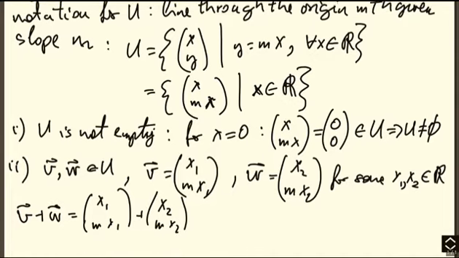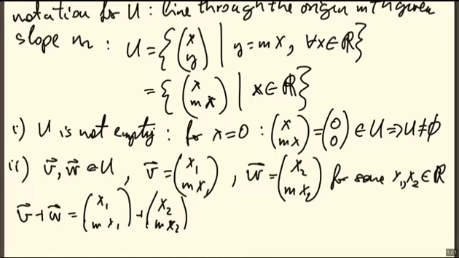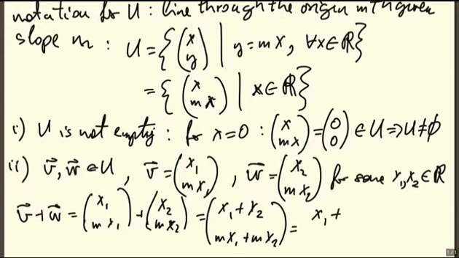We already defined addition in R2, in the plane, that it goes entry by entry. So we have x1 plus x2 in the first coordinate and m times x1 plus m times x2 in the second coordinate. And of course the trick is that in the second coordinate we can factor out m.